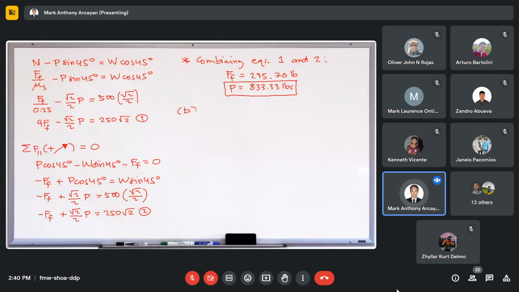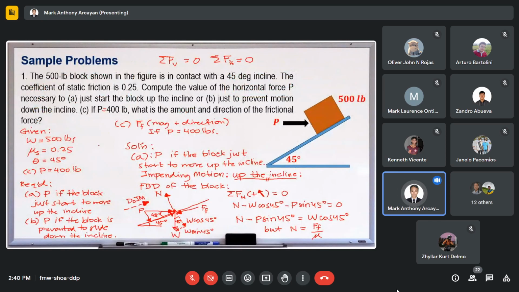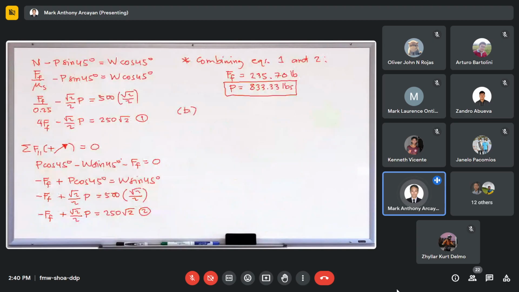Okay, letter B, no? Sa letter B, ang atong ipangita is P if the block is prevented to slide downward.